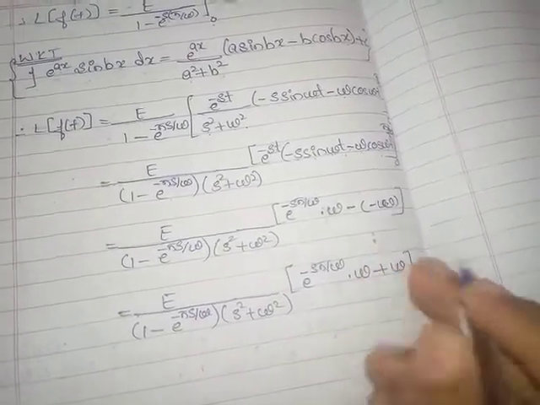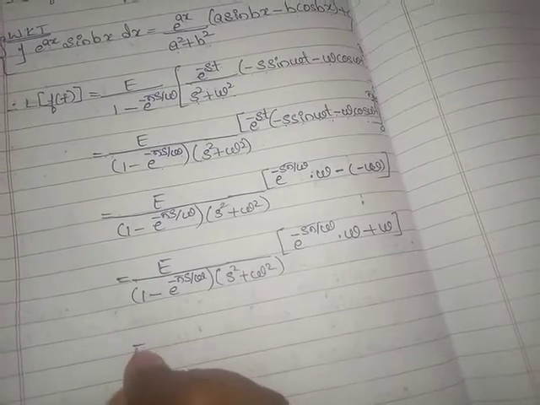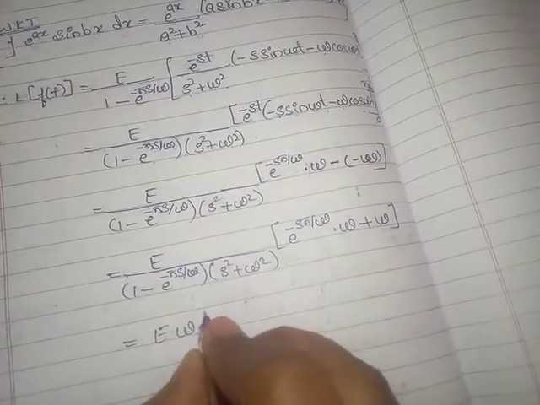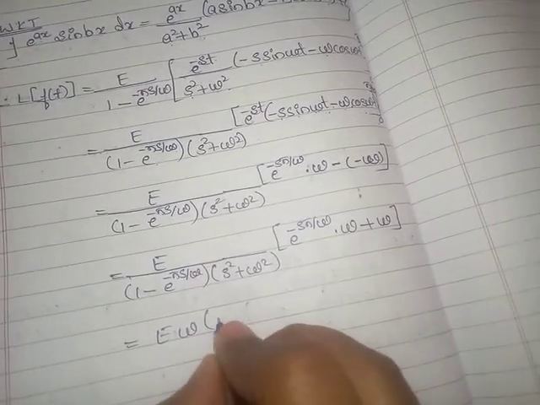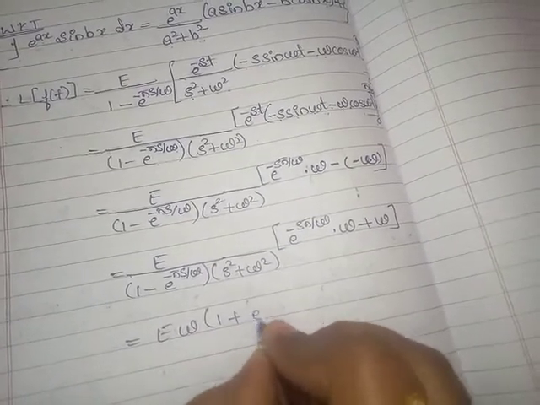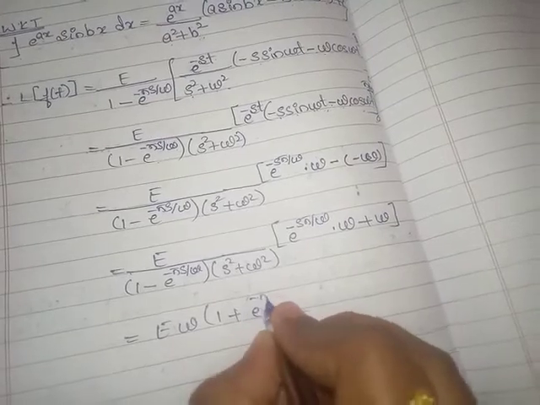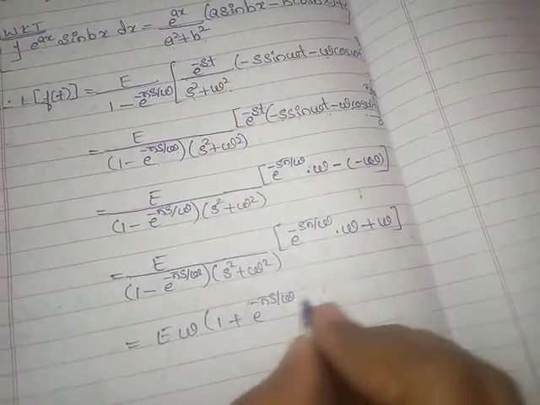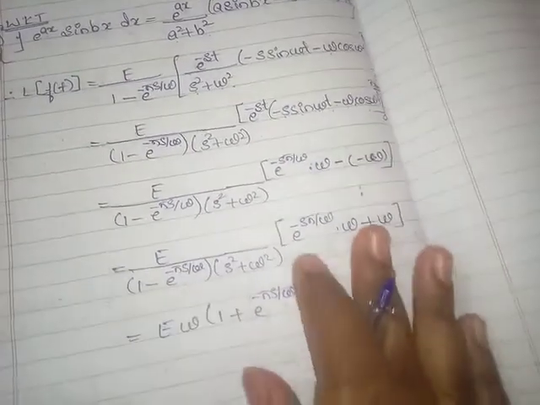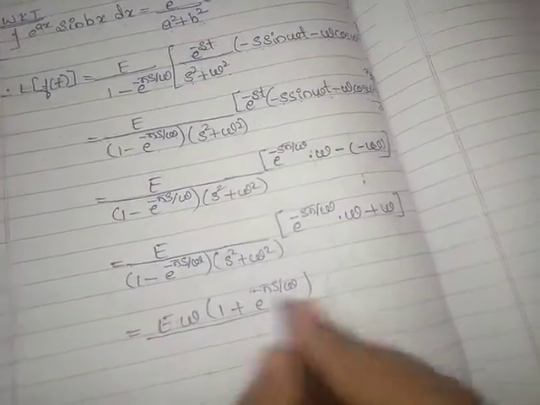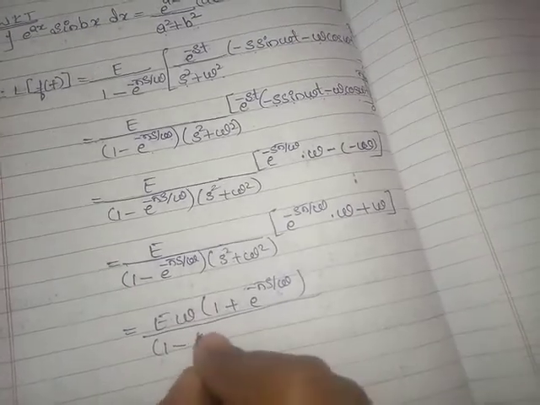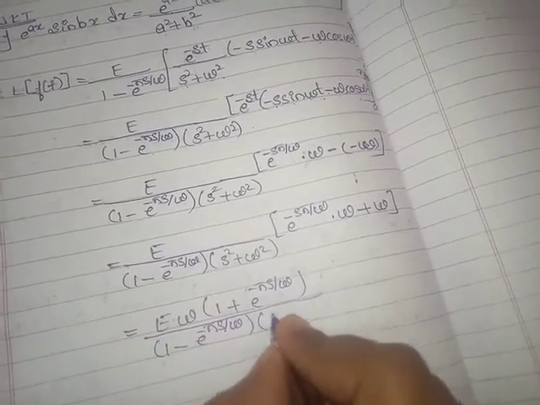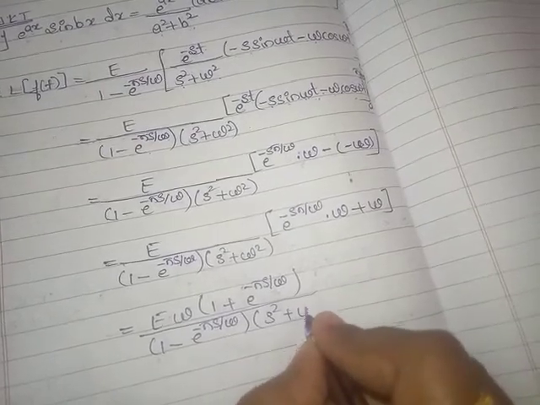In these two terms omega is common, take it outside, we get e omega into 1 plus e raised to minus pi s by omega, plus 1 or 1 plus e raised to pi s by omega, divided by denominator term as it is, 1 minus e raised to minus pi s by omega, s square plus omega square.